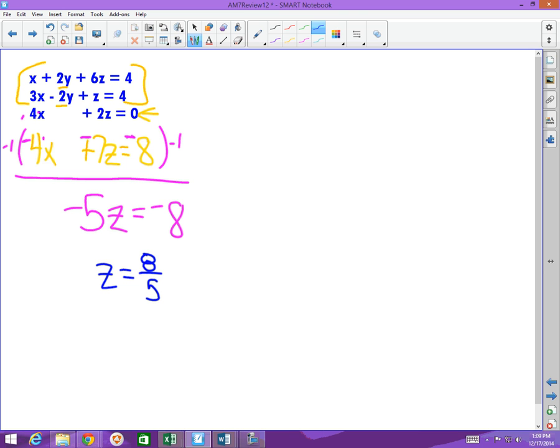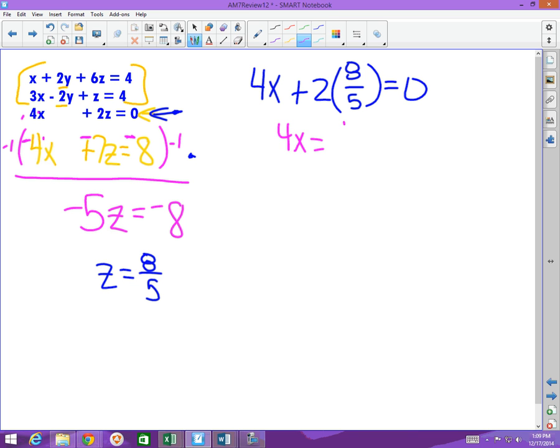Now we can take that and substitute it into any one of the equations that have z, which you would want to use either this one here or that one there, because you're just dealing with x. So we're going to go back up to this one, and we have 4x plus 2 times 8/5 equals 0. And 2 times 8/5 is 16 over 5.